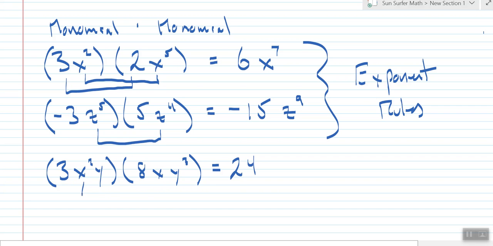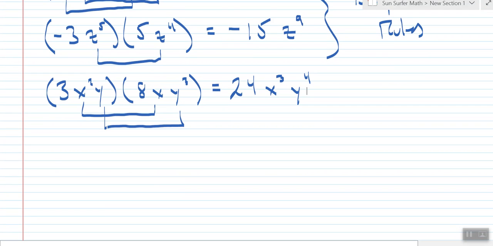So we multiply the x's together and we add the exponents to get x cubed. And we multiply the y bases and we add the exponents to get y to the 4th. So that is multiplying two monomials together.